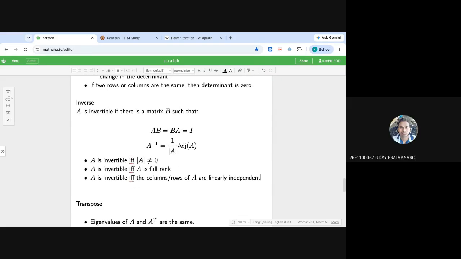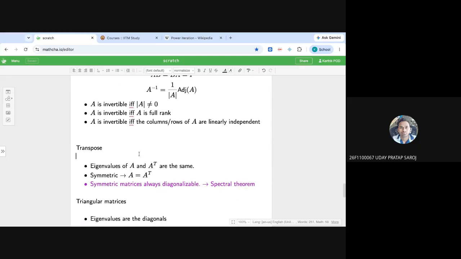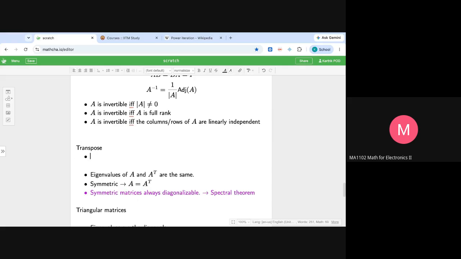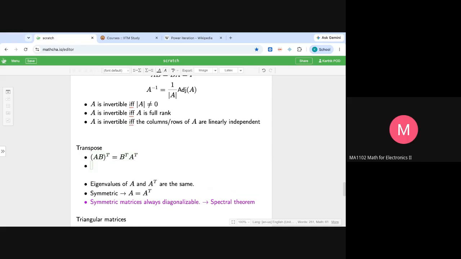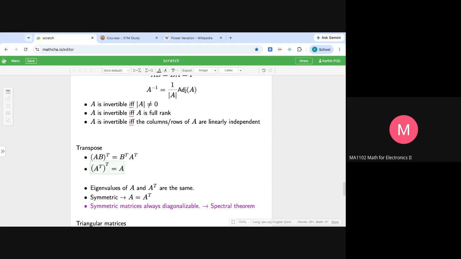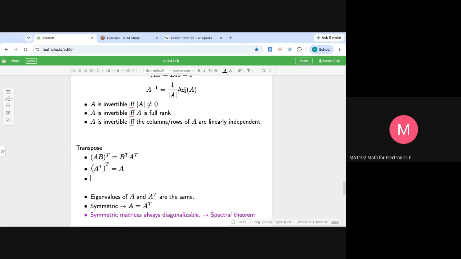Regarding when we have the transpose, there were a fairly large bunch of properties here. I think they were all class 12 based. So there are these multiplicative properties, right? So you have (AB) transpose is B transpose A transpose, and then the transpose of A transpose is A itself, simply A. And in fact, we also have some properties for inverses.